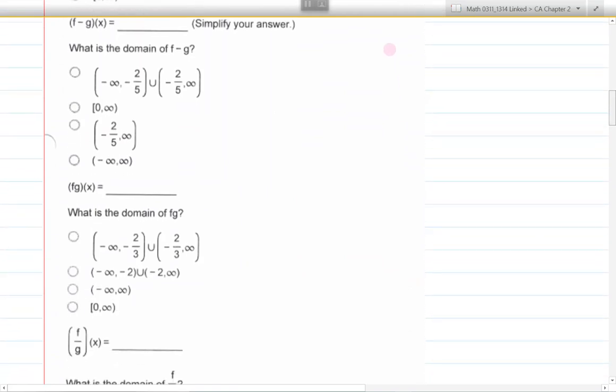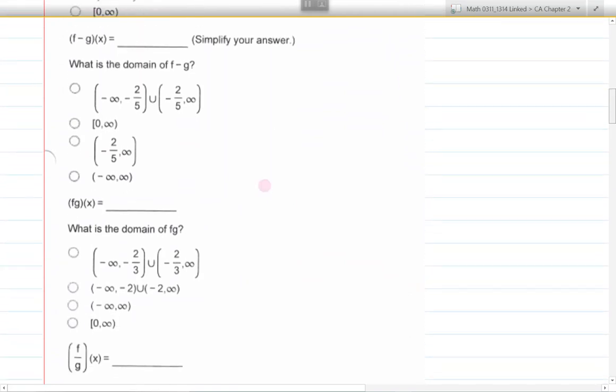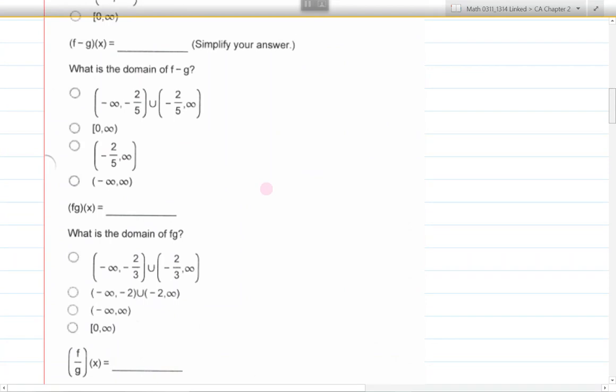Now, the difference. The difference function, f minus g of x, is the f function, 6x plus 4, minus the g function, which is x plus 2. I can take the first set of parentheses off.